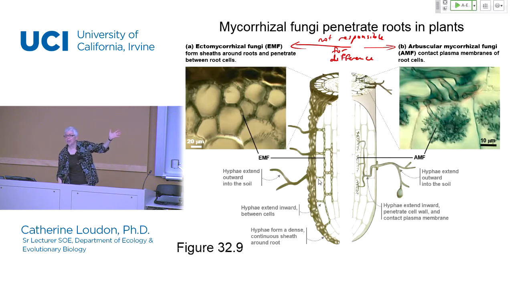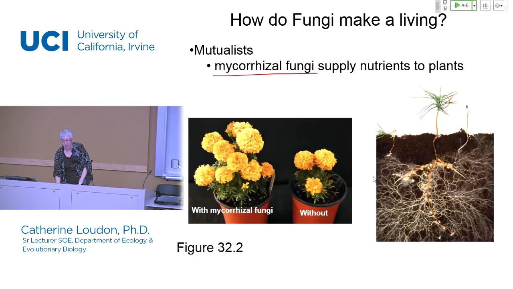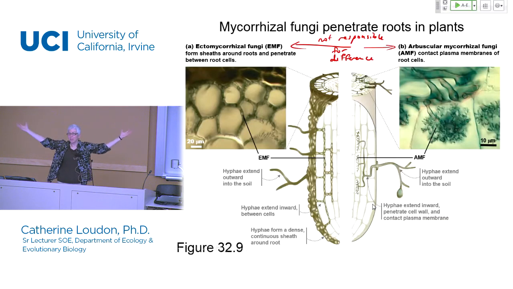The details of exactly how they do this are slightly different, but in both cases, there's a very close association. And in this figure, what is a little misleading is it looks as if the fungal network does not extend much beyond the root. You should not think of this ending right here, but rather it looks much more like this and extends for quite some distance in either direction.